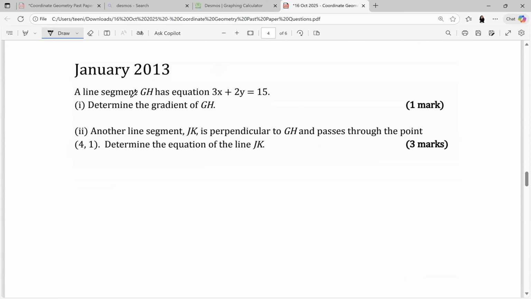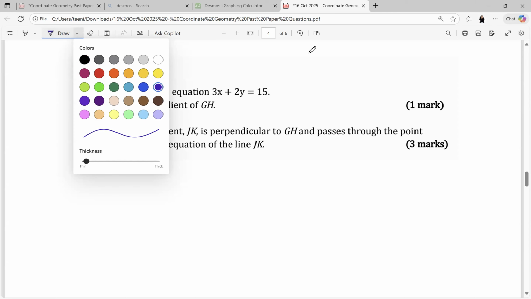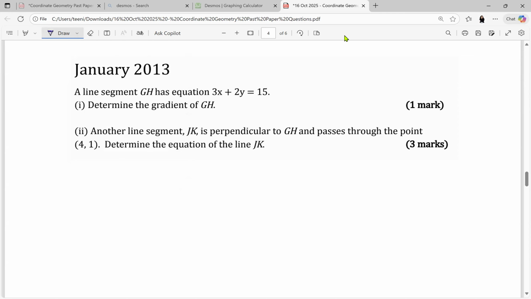All right, so to determine the gradient of GH from the equation, you have to write that equation in the form y equals mx plus c. In other words, you have to make y the subject of the formula. Only then can you just read off m, the coefficient of x, which gives us the gradient of the line.